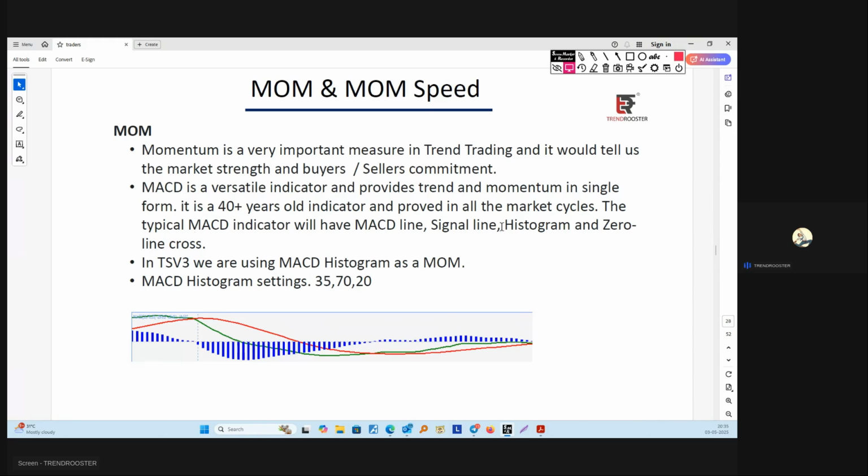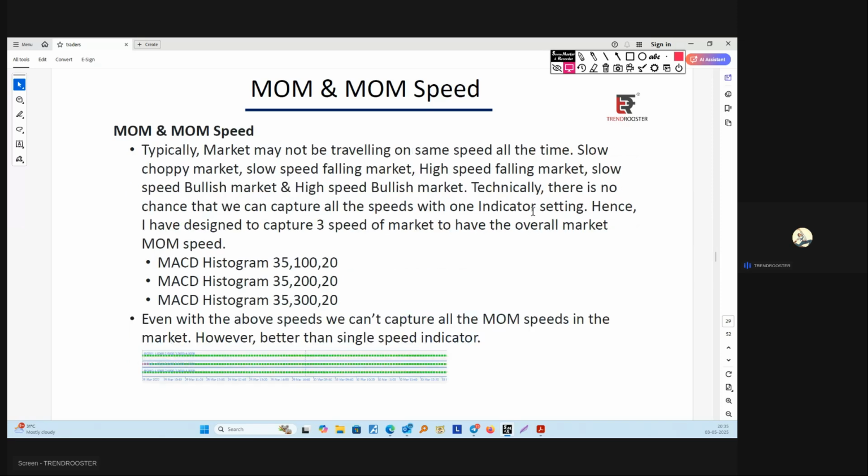MACD has been around for more than 40 years. Gerald Appel invented this amazing indicator, and it is part of momentum measurement for me at least. Momentum comes in three speeds, because I believe the market moves at different speeds, different waves. I wanted to cover all the speeds, so I use three different speeds: 35-120-30, 35-220-35, 35-320. You can go ahead and change them.